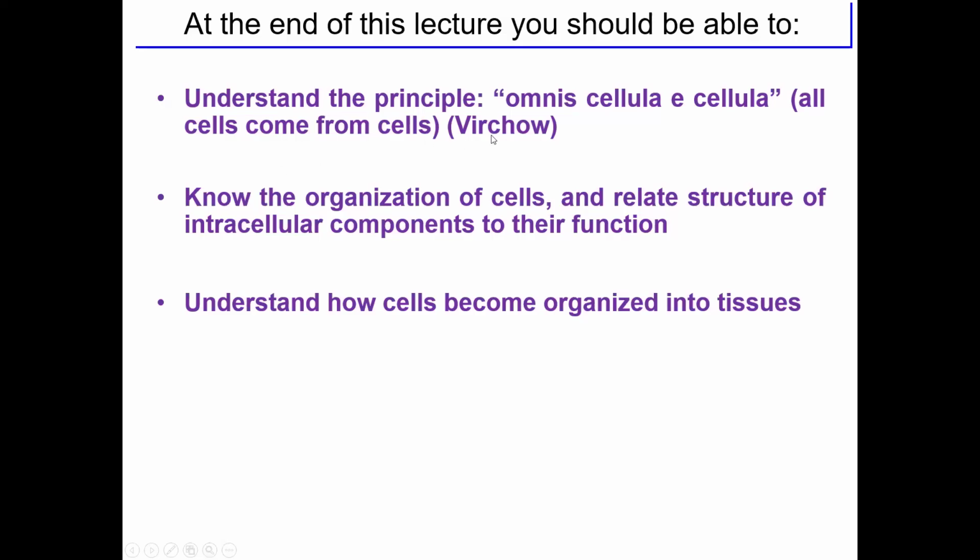It was the German histologist and pathologist Rudolf Virchow who came to the conclusion that, at that time it was already realized that all organisms are made of cells, but it was not known how those cells are produced.